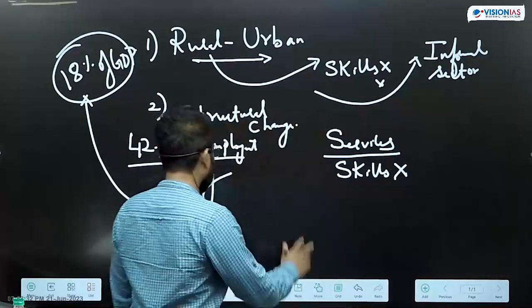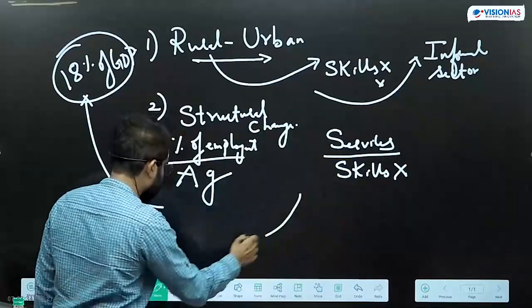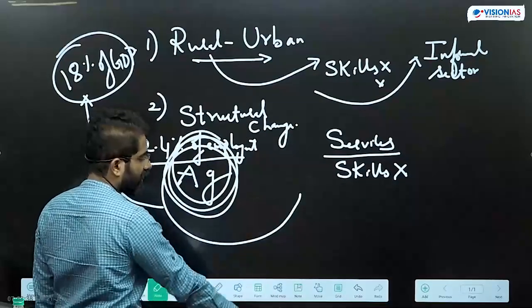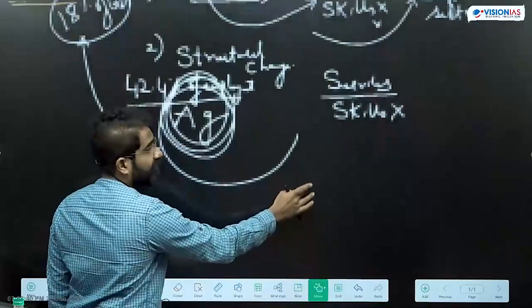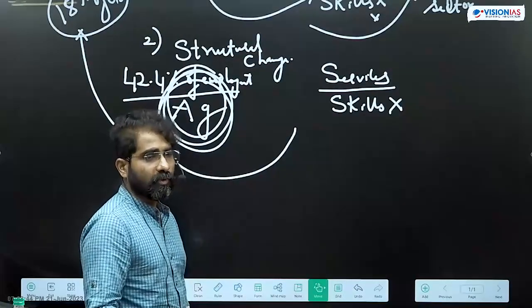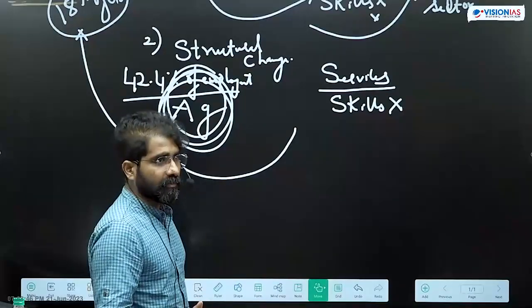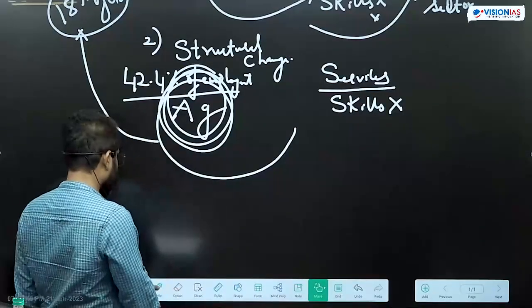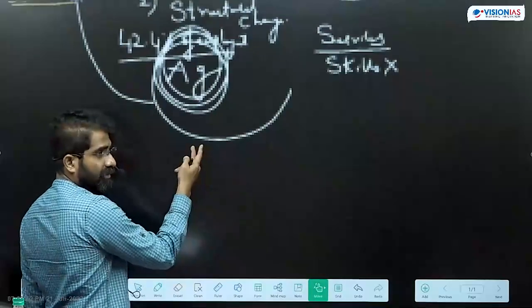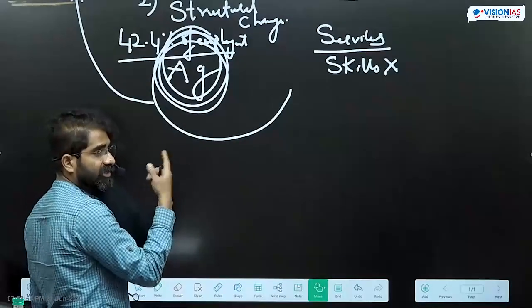So because of the structural change, people still remained in agriculture, and jobs in agriculture are obviously informal. You can't expect formal jobs. Most of the jobs in agriculture are informal in nature. So this is another impact of globalization. Globalization is responsible for structural change.